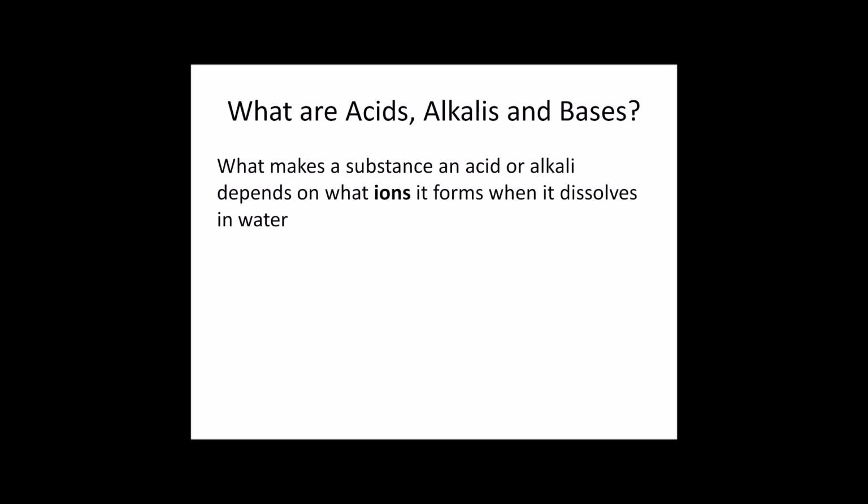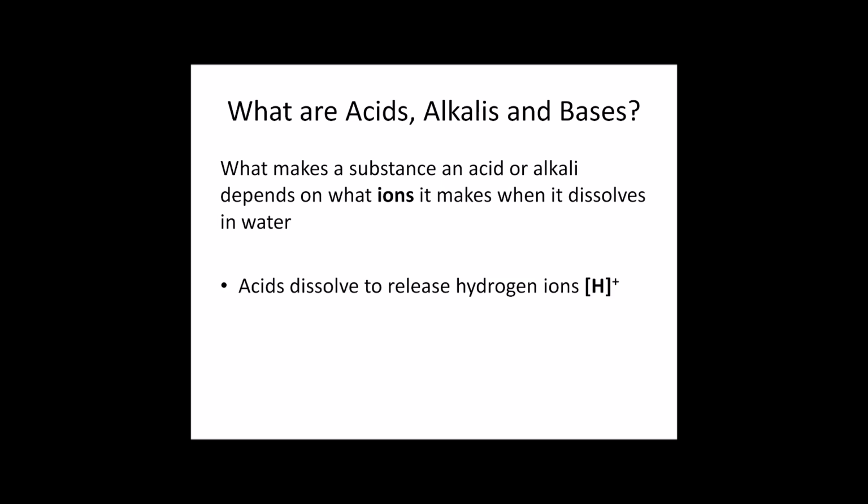You should know from topic 2 that an ion is either an atom or a group of atoms that has an electronic charge on it, either positive or negative, and it's exactly the same with acids and alkalis. When acids dissolve in water, they release hydrogen ions or H+ ions. When alkalis dissolve in water, they release hydroxide ions or OH-.